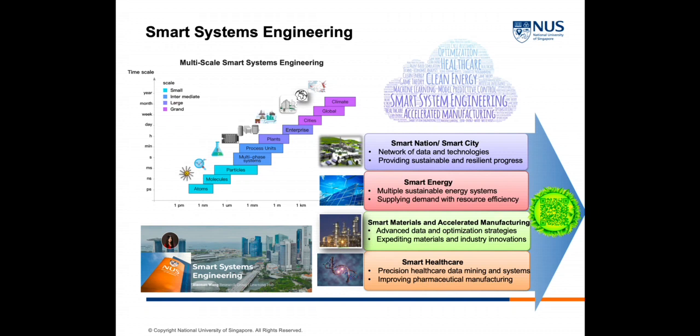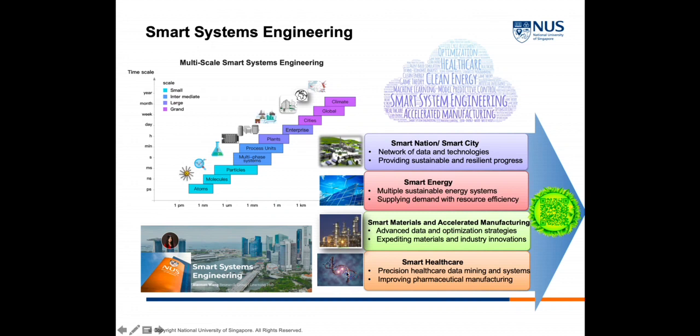Therefore, we can tackle this smart nation, smart city goal by investigating energy, materials, healthcare together to form the future smart systems. So this smart is enabled by what we will learn in this module as well: process modeling, dynamics, control, and full automation for Industry 4.0 practice.